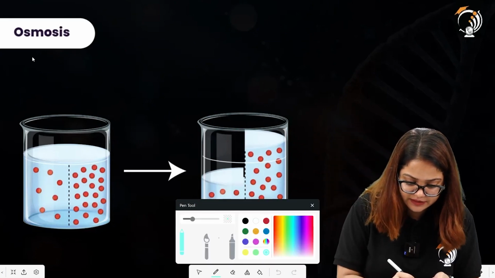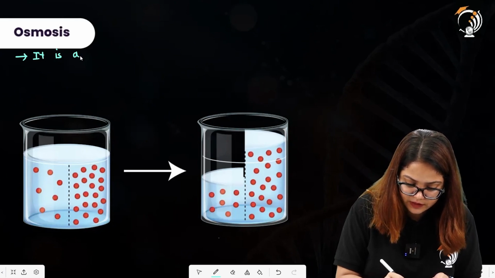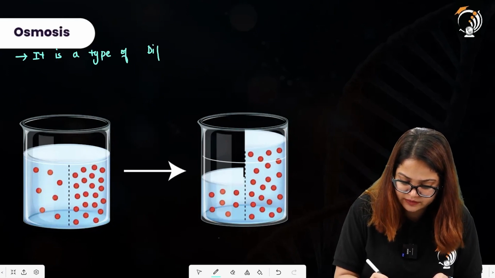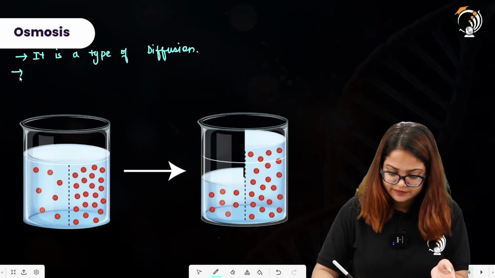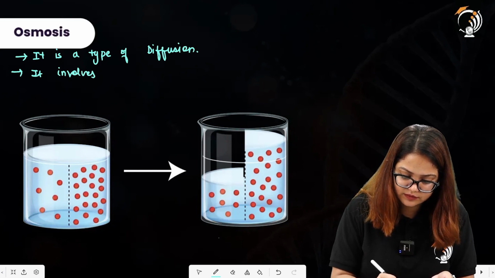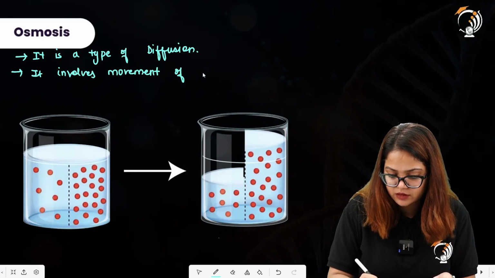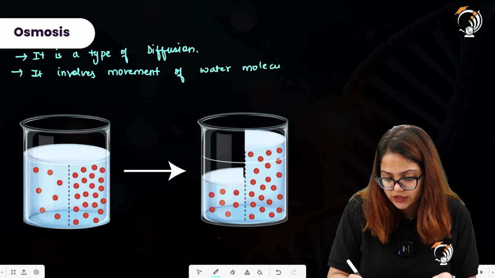So here we can write: it is a type of diffusion. Then it involves movement of water molecules only.